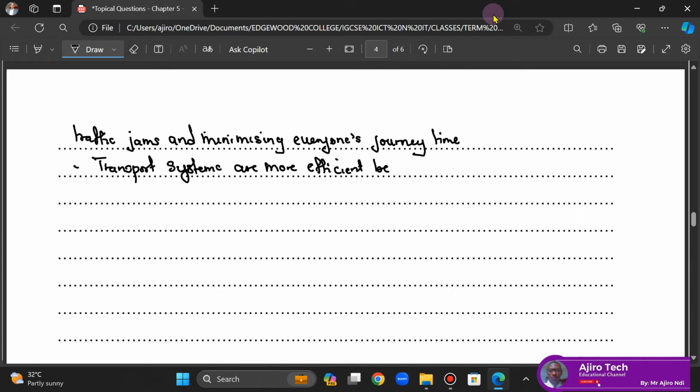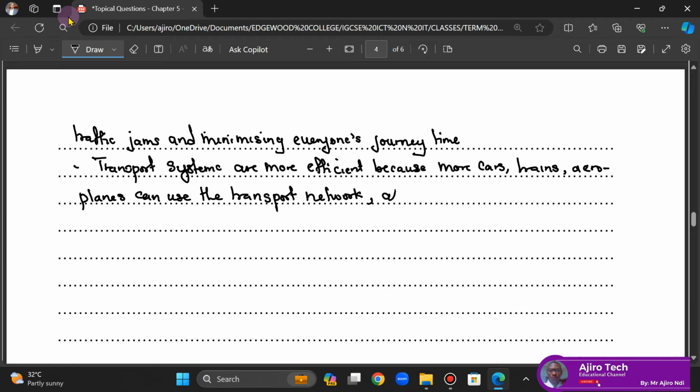They're more efficient because more cars, trains, and aeroplanes can use the transport network, allowing for more regular services.